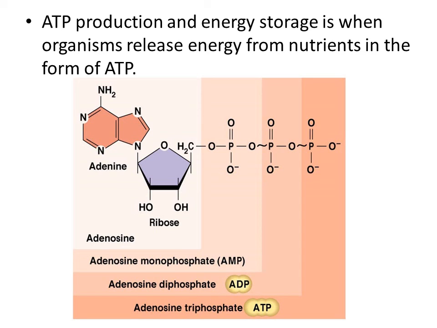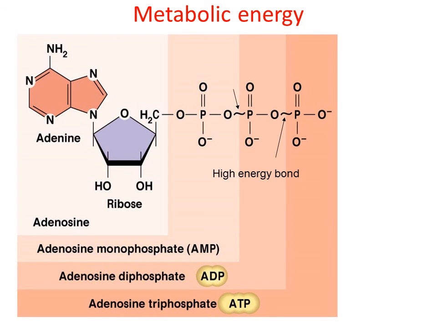ATP production and energy storage is when organisms release energy from nutrients in the form of ATP. In this image, we see that ATP has 3 phosphate groups.